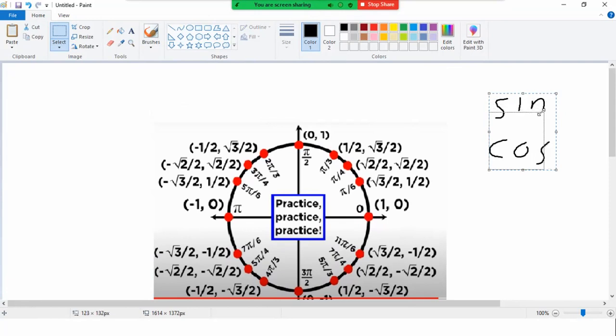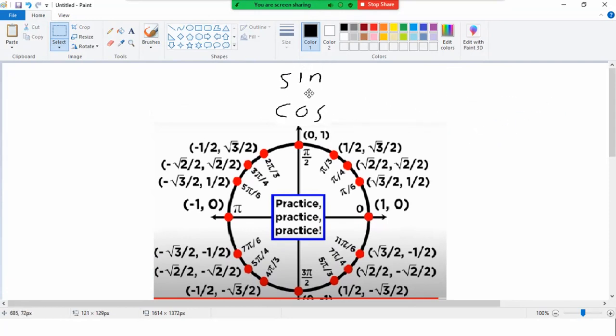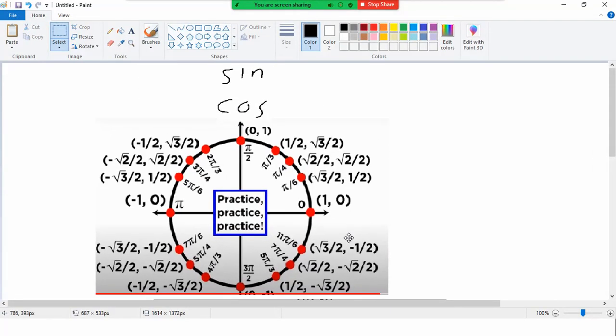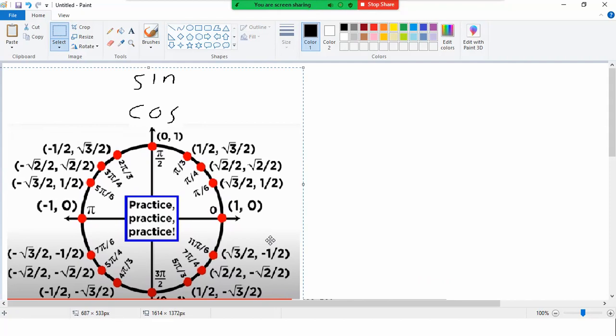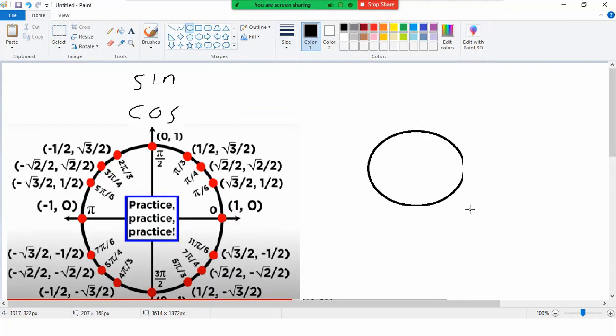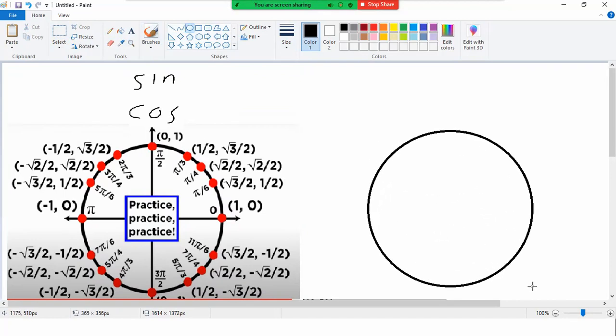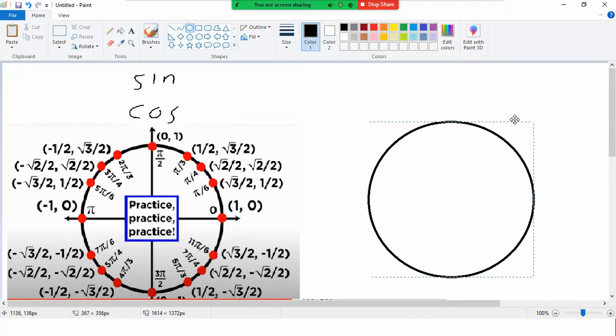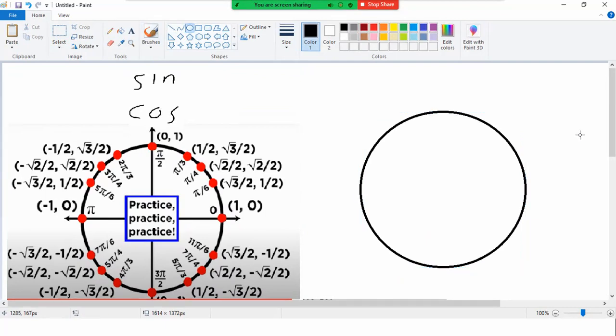So what do I mean by this? First thing I'm going to do is move this over here. And I can just draw a circle like this. Okay, that's good. Draw this circle. Beautiful. So draw a circle.